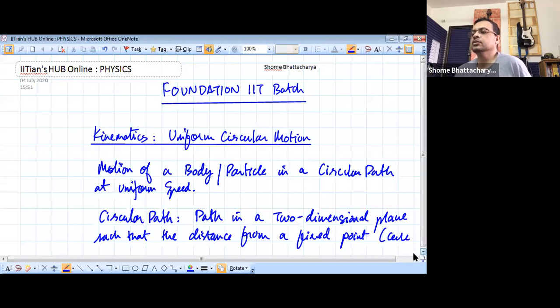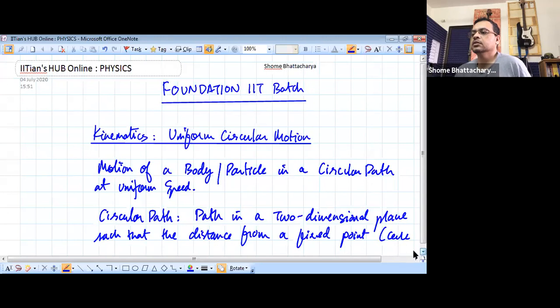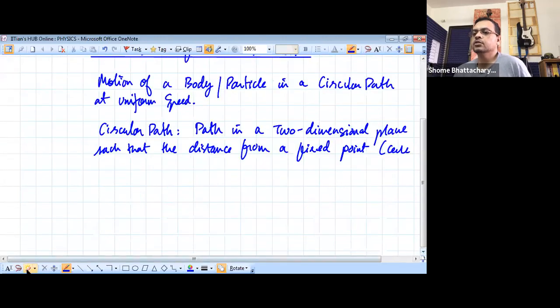This particular fixed point is called the center of the circular path. So this is the definition of a circular path.